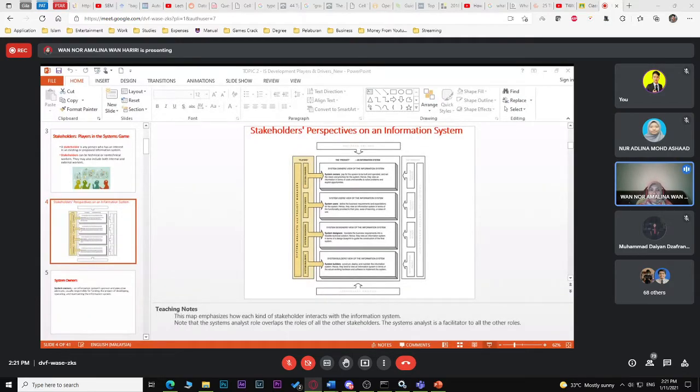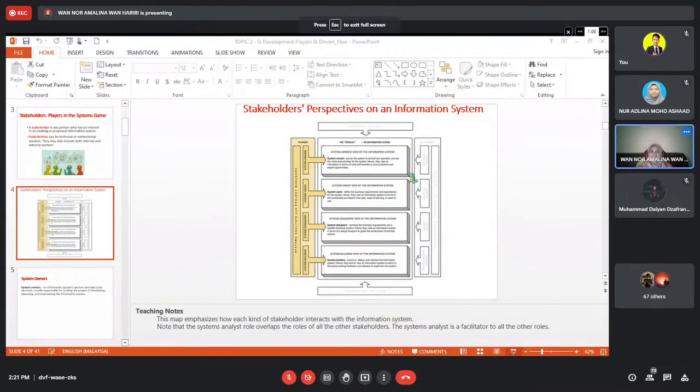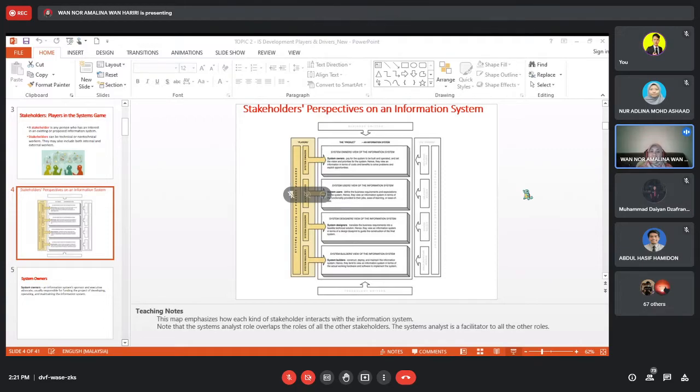Because an IS development is always considered to be a project. Therefore, if we are conducting a project, there must be a project manager. Besides that, there are also systems analysts, and we will be discussing the roles played by systems analysts. So who are the players?